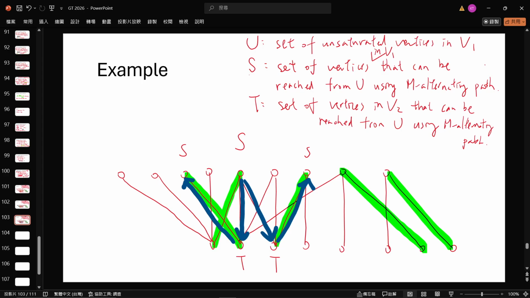So for example, we're going to set the parent of this vertex to this guy because we use this edge to reach this vertex from this vertex, okay? So the parent of this vertex is this guy, and similarly, the parent of this vertex is this guy. So we use this parent attribute to construct the path. Okay.